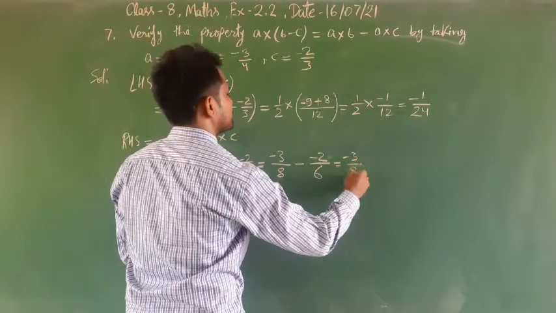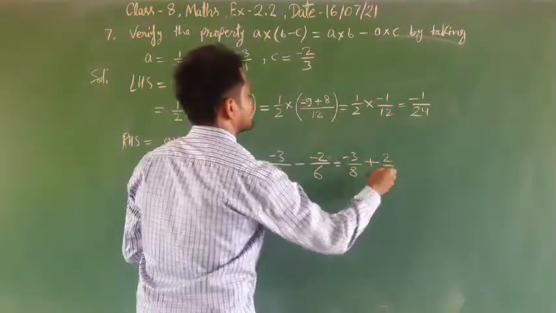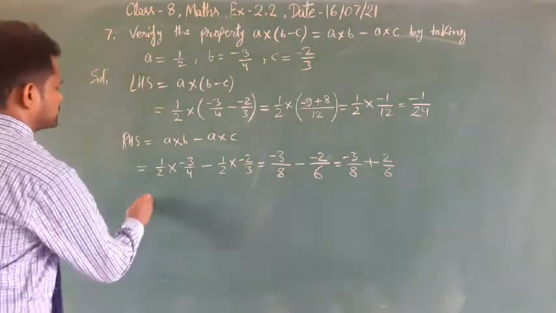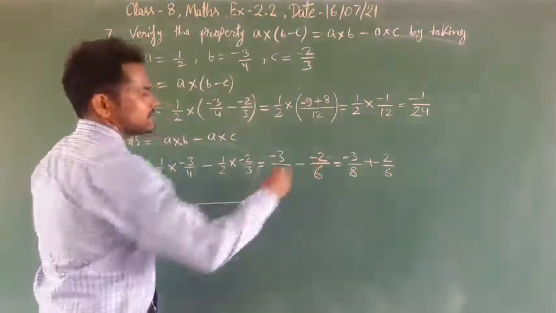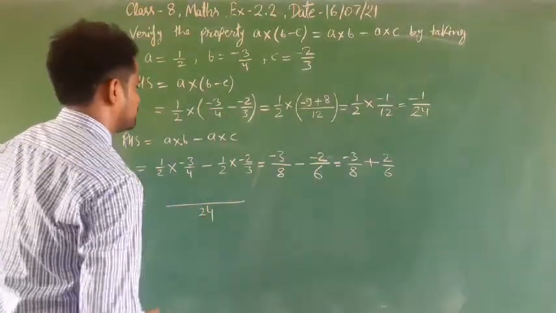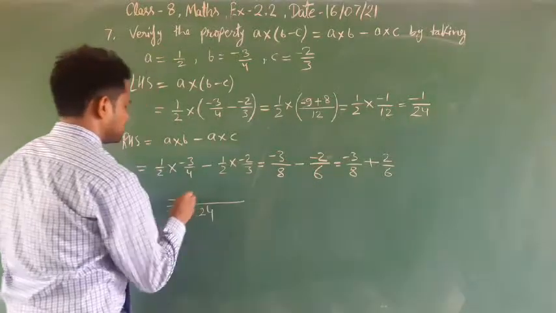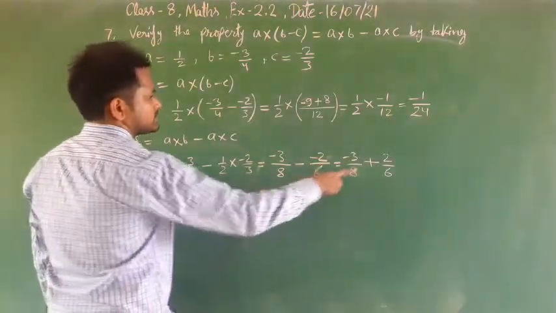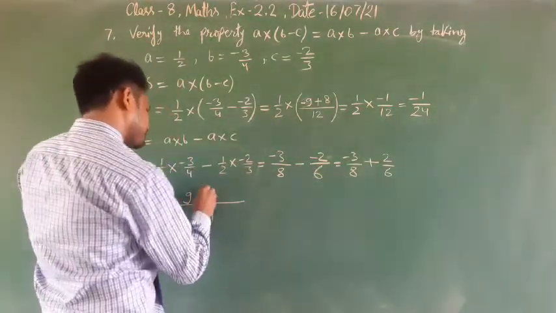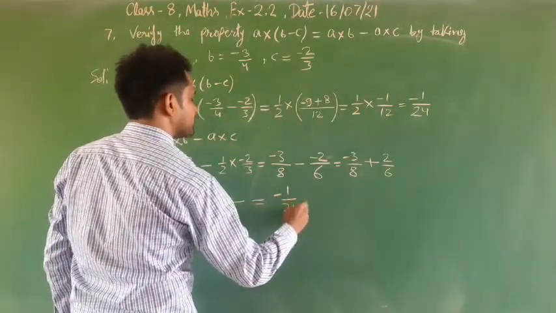Minus 3 by 8 minus minus, plus 2 by 6. The LCM of 8 and 6 is 24. Then 8 threes are 24, 3 threes are minus 9, 6 fours are 24, that is plus 8, that is minus 1 by 24.